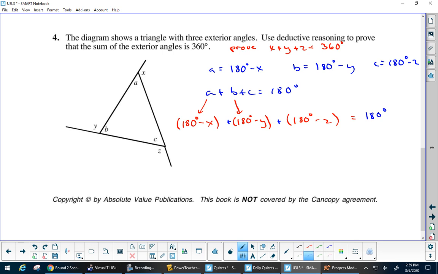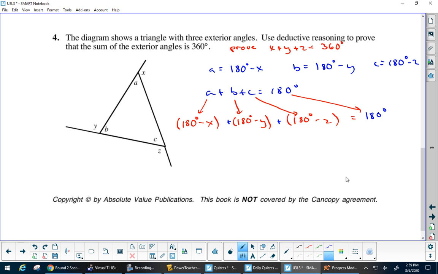So all we did was substitute these things together. You see what I did? Three true statements and one true statement. A is 180 minus x. B is, right, 180 minus y. And then, of course, this just stayed here.